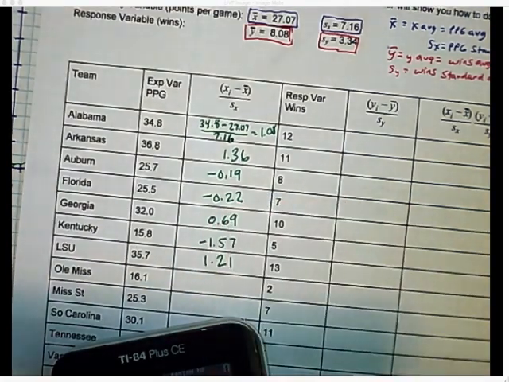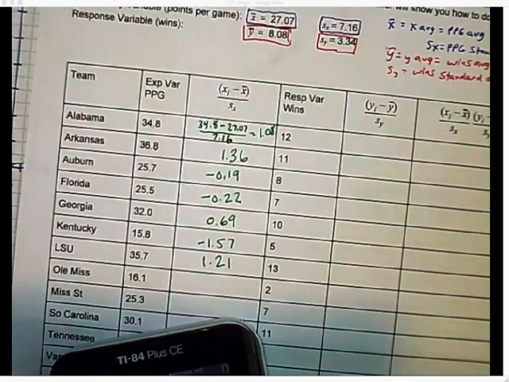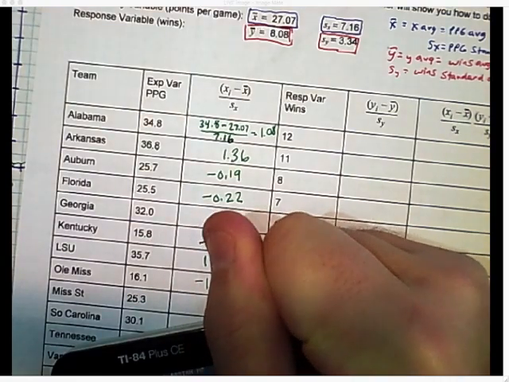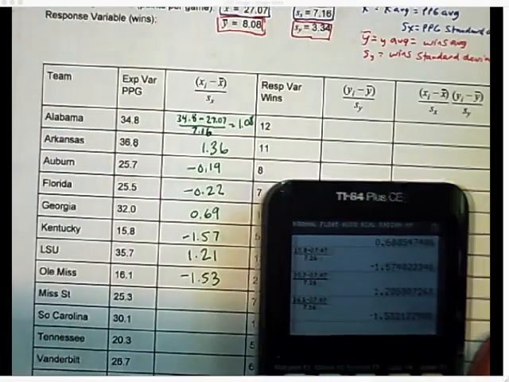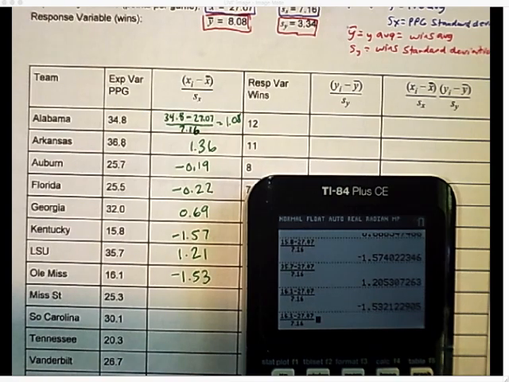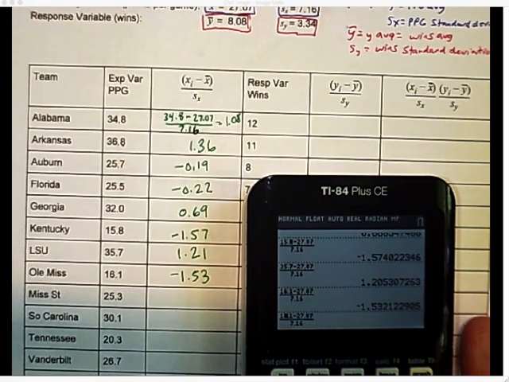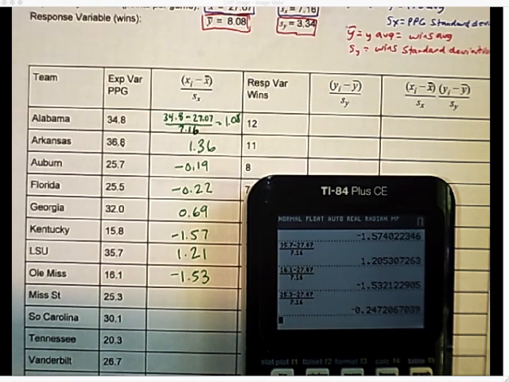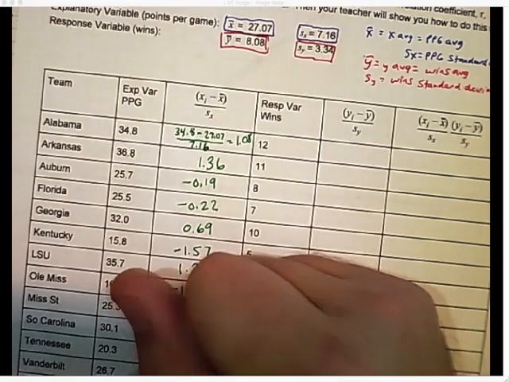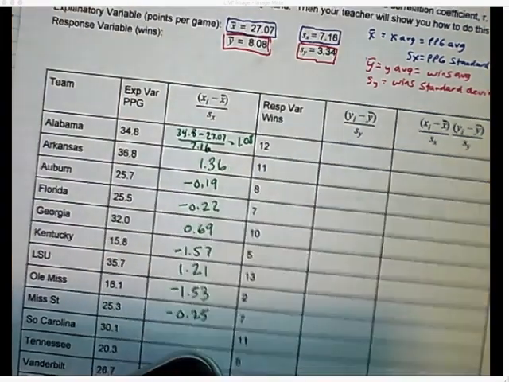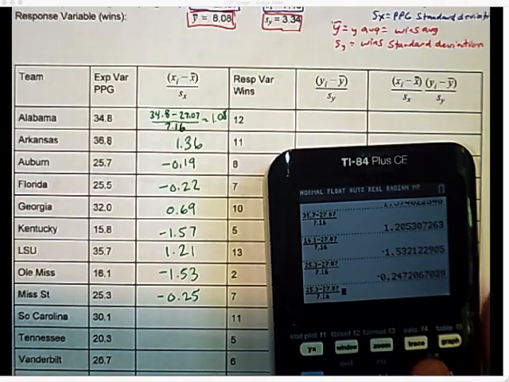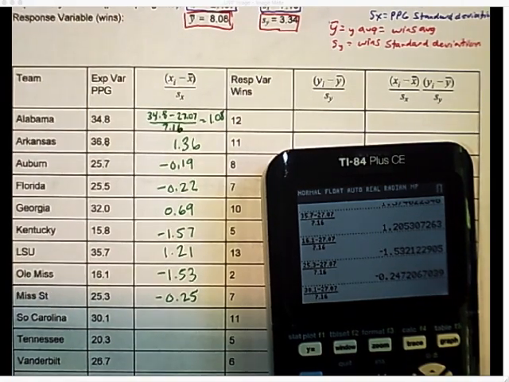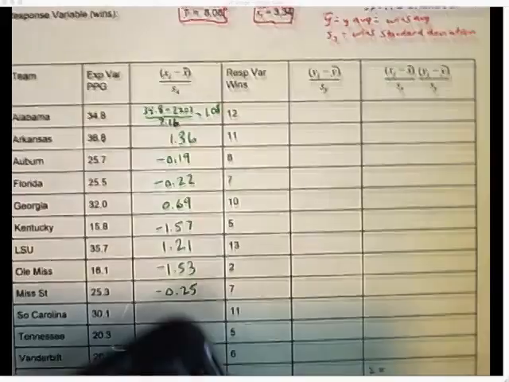0.21. Negative 1.53. Negative 0.25. 0.42.